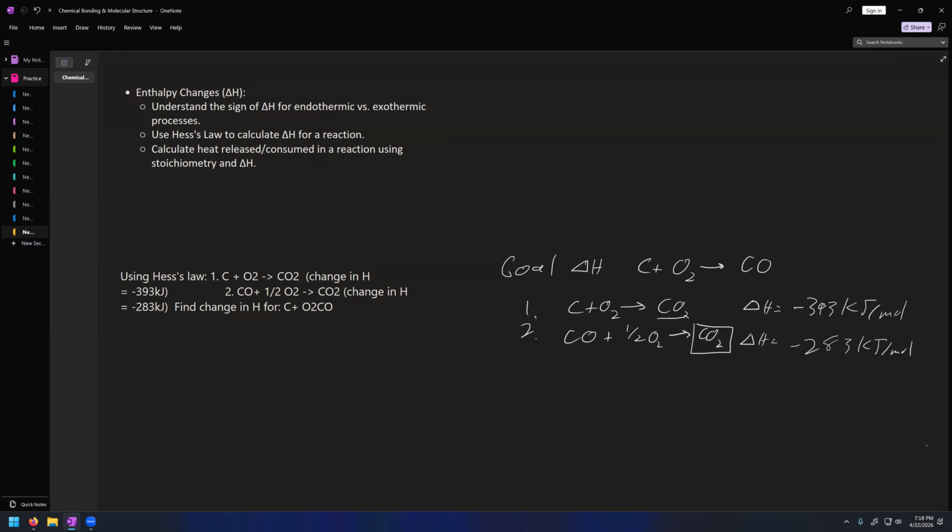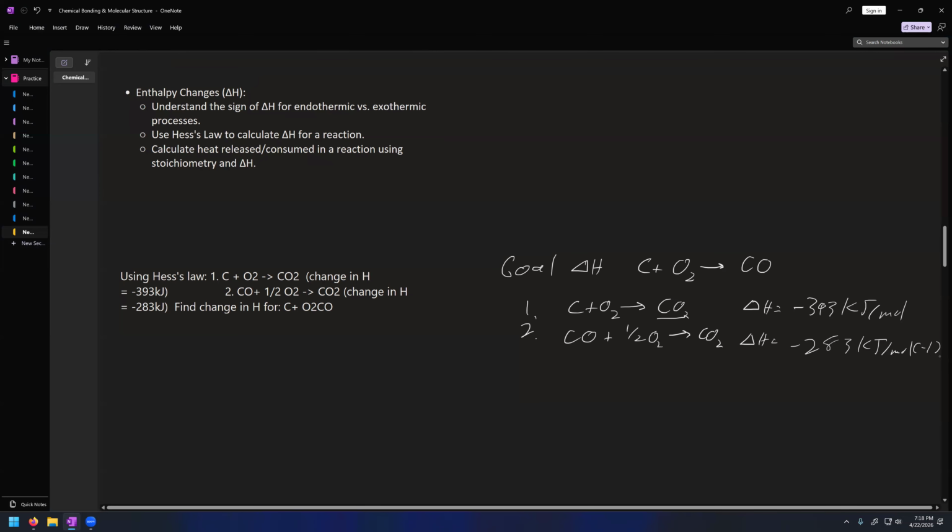Just like when we were solving for spectator ions, anything that appears on the reactant and product side, when we add equations together, gets canceled out. So based on the CO2 being here, I know I'm going to have to multiply this equation by -1. So I'm going to redraw this now, where I have CO2 reacting to yield 1/2 O2 plus CO.